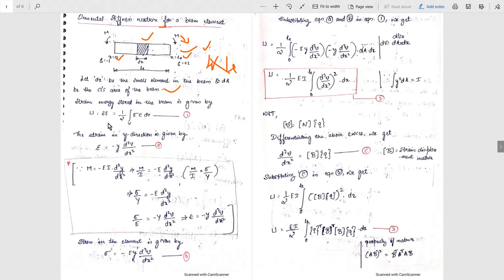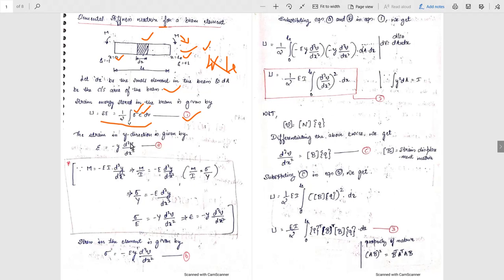So in general, strain energy stored in a beam is given by half integration with respect to volume of sigma into epsilon. Let me call this expression 1. Now our aim is to find what is sigma and what is strain for a beam.